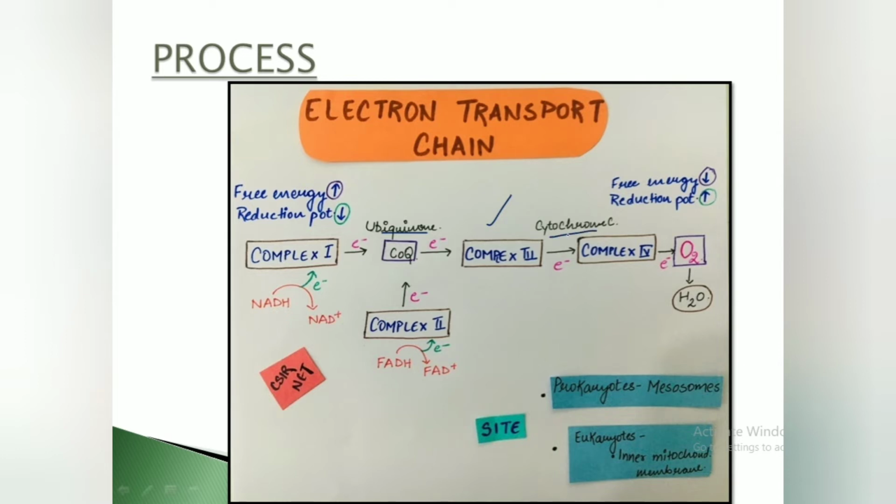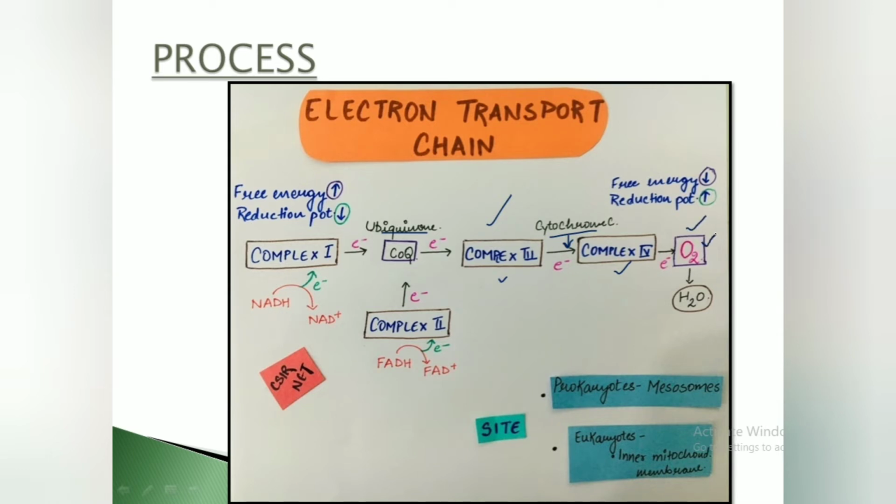Cytochrome C, present between complex 3 and complex 4, helps in the passage of electrons from complex 3 to complex 4, which finally hands over the electrons to the terminal electron acceptor.